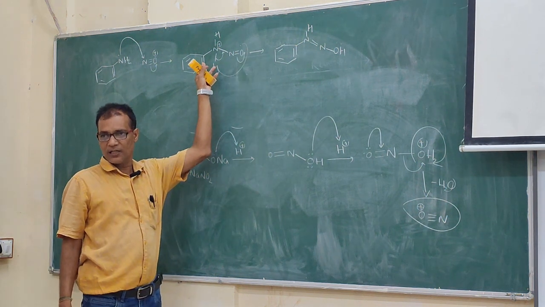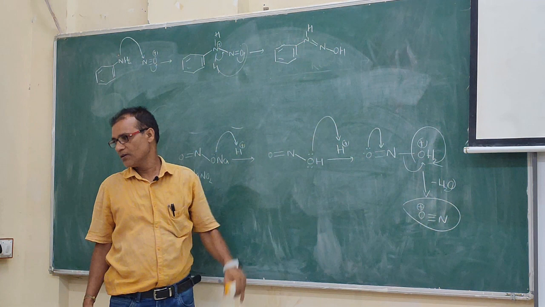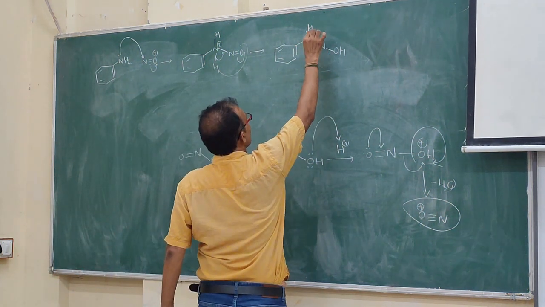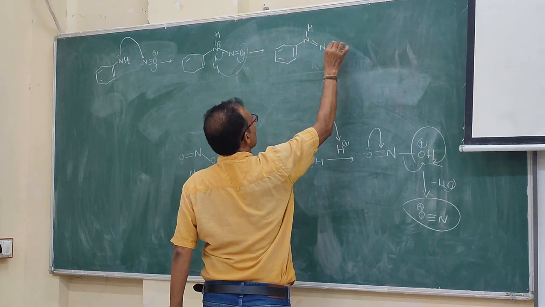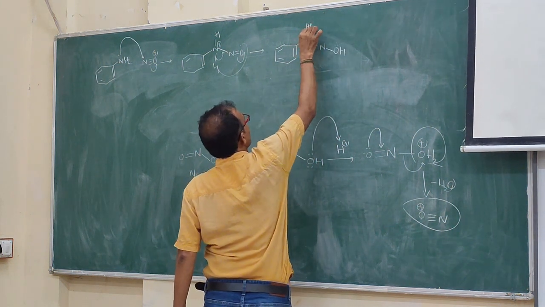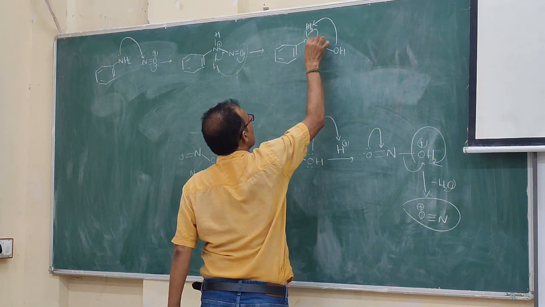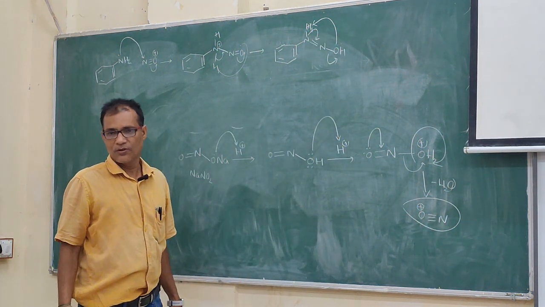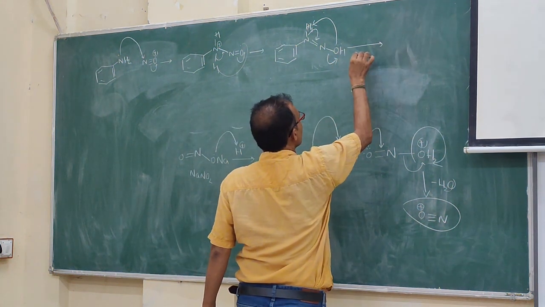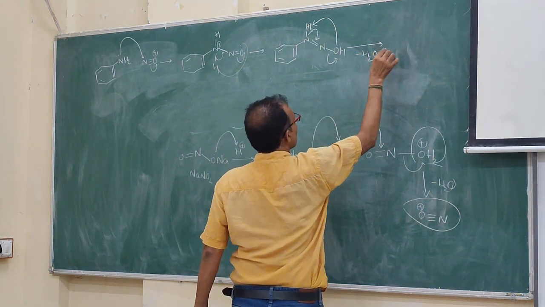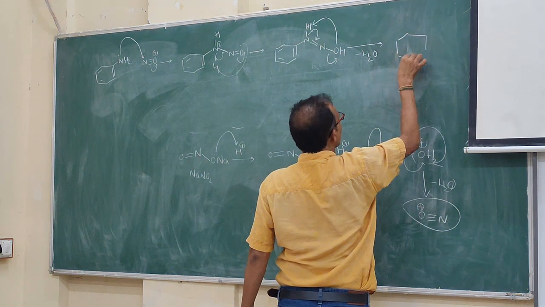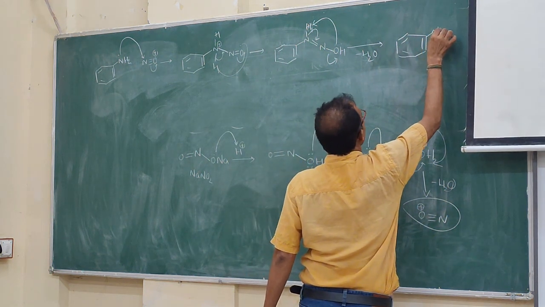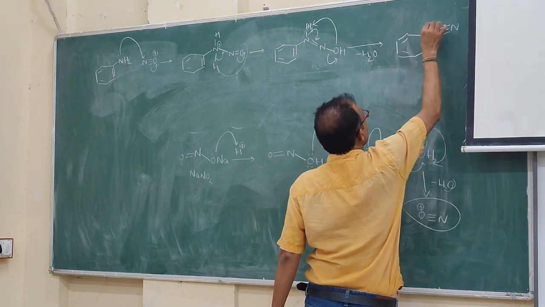Again this lone pair of oxygen will take this hydrogen. This becomes a very good leaving group, so there will be loss of water, and you will have this nitrogen-nitrogen triple bond. This is what we call benzene diazonium salt.